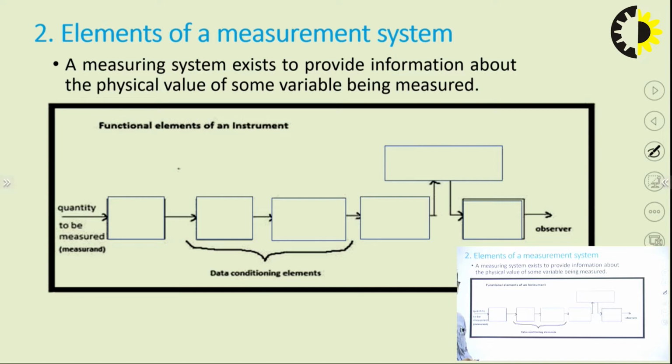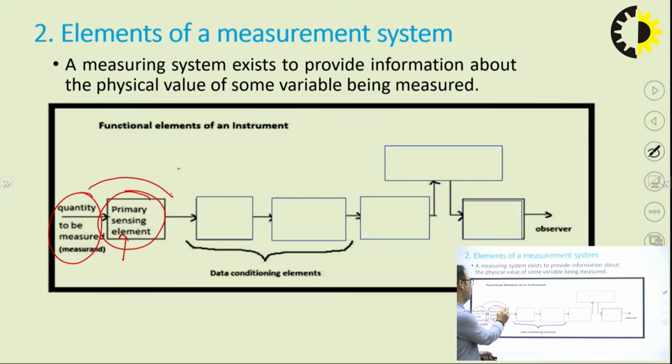Now we are going to discuss the elements of a measurement system. The first element, as we discussed above, is the primary sensing element. This is the part which is responsible for converting the quantity which we want to measure into another form. It may be electrical or some sort of other mechanical form.